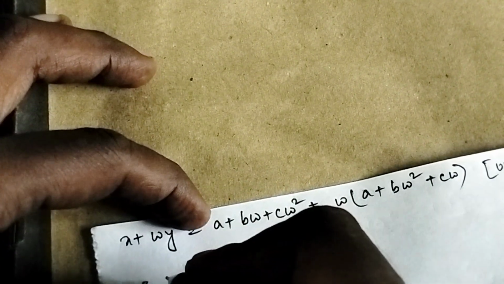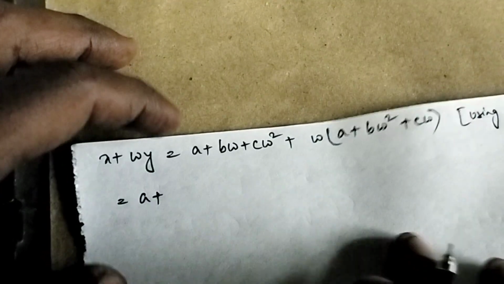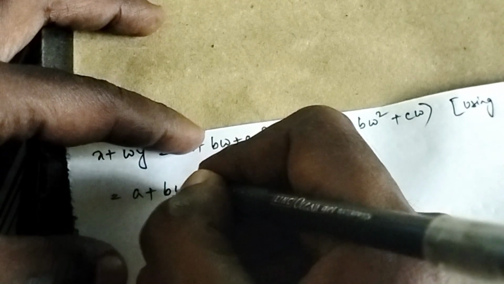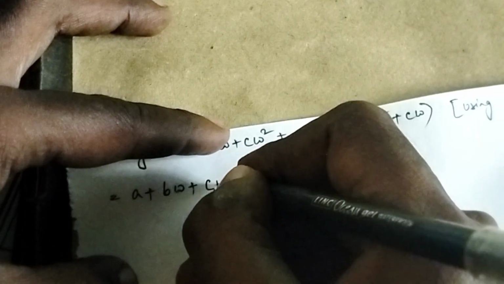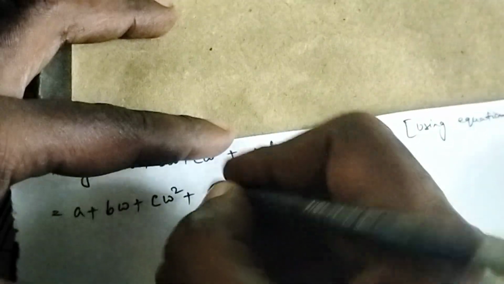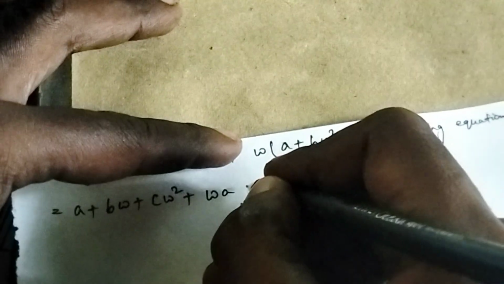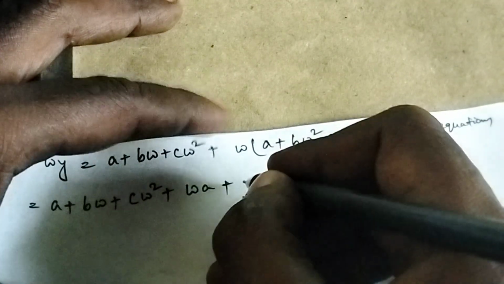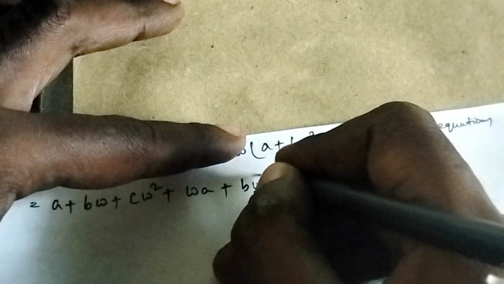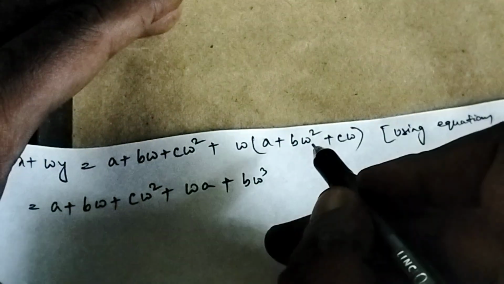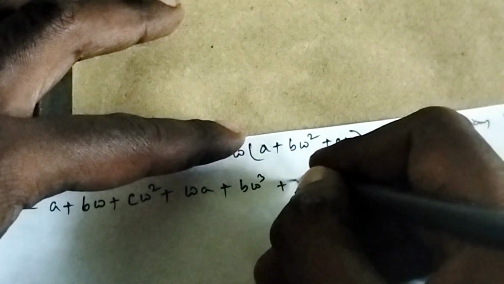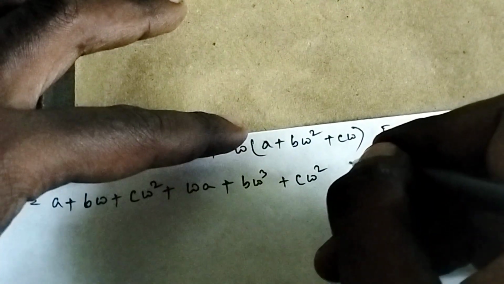Okay, so this will be a plus b omega plus c omega square plus omega a plus b omega cube plus c omega square.